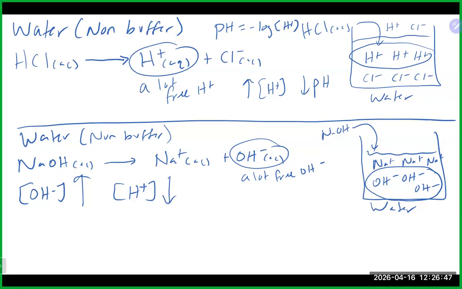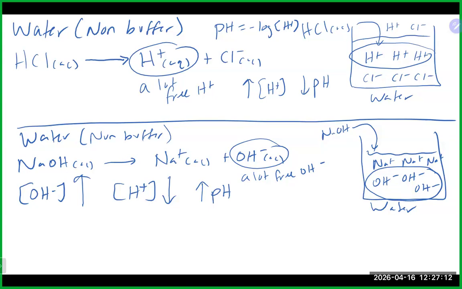And if the H plus concentration drops a lot, you're then going to see your pH skyrocket upwards, right? Because now you have a lot more OH minus in that solution than H plus, Kw, right? So with more OH minus than H plus, you're now going to get a pretty basic solution. And again, if your water started at a pH of 7, you're now going to see the pH jump to like maybe 11, 12, or wherever it may end up.